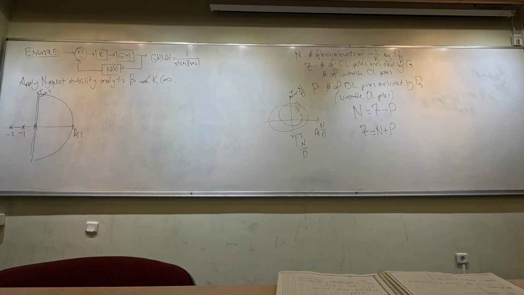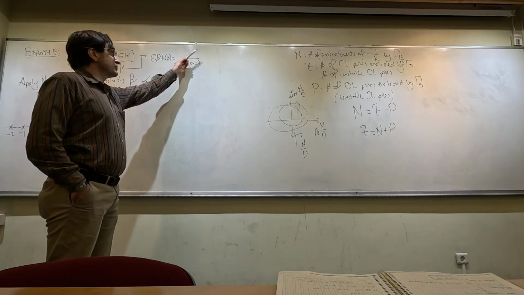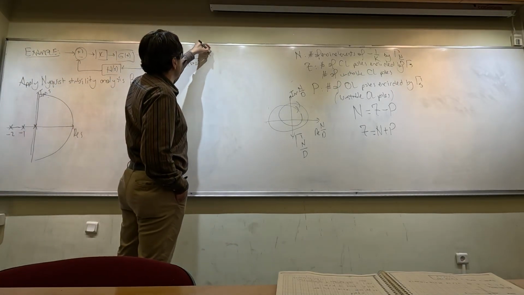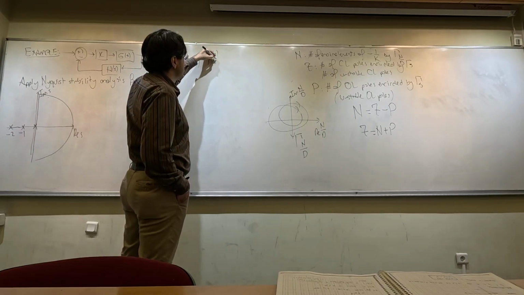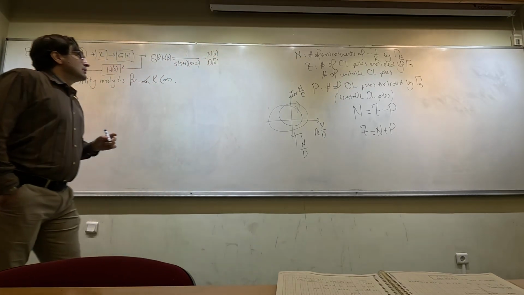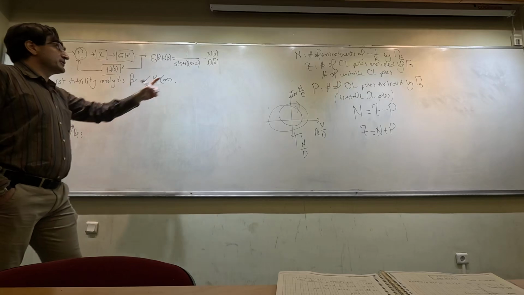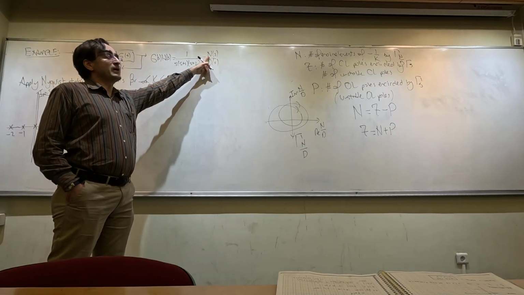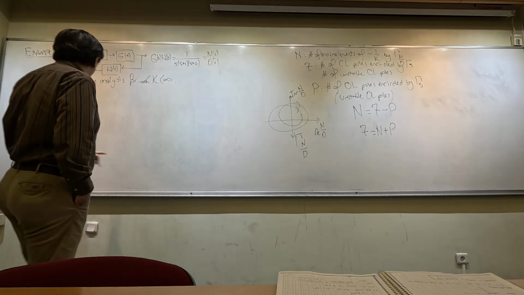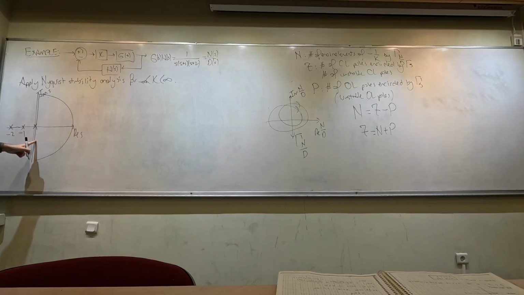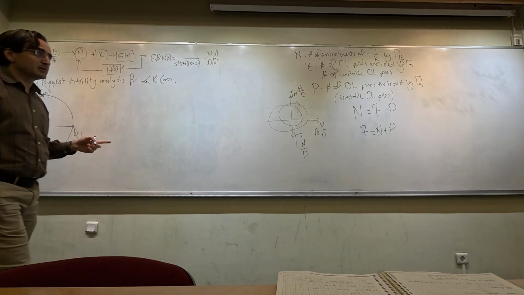In general, when you have a transfer function given like this, n of s over d of s, if n of s has a root on the contour, it is not going to cause any problem to us. Why is that?